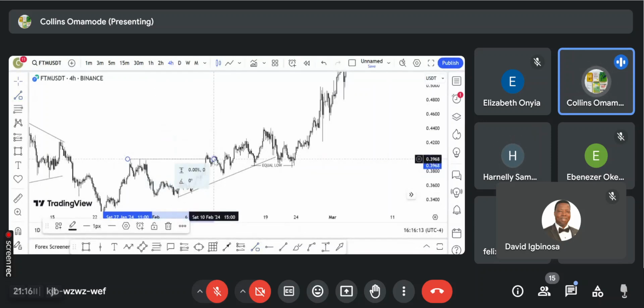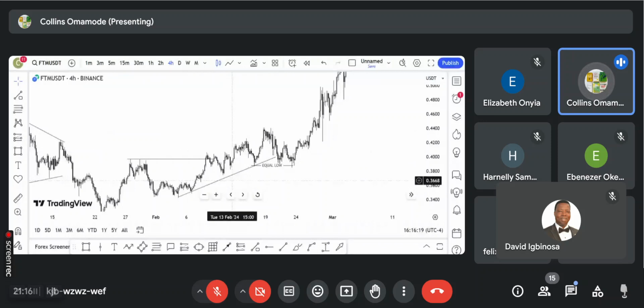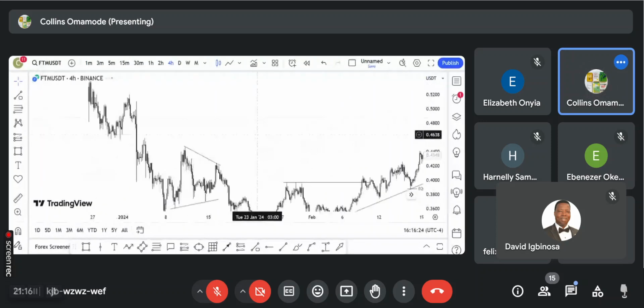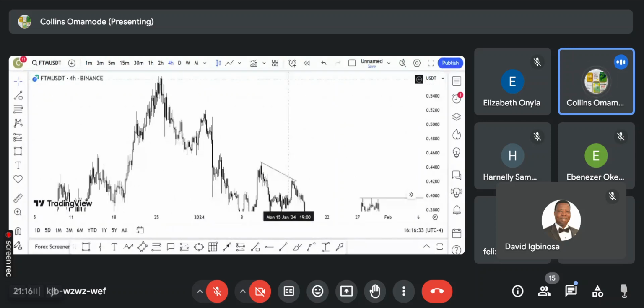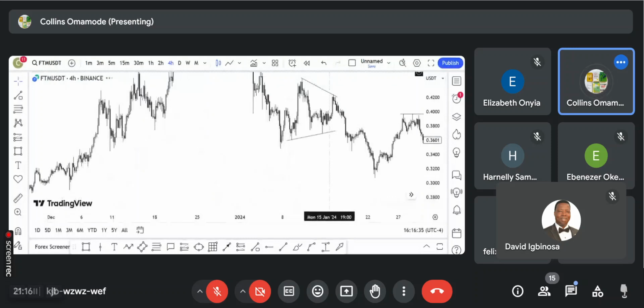And that equal high also fell as a structural liquidity. Price took it out, sold a little before going back up. So if you go to your chart, you identify it. Look at all this build up of liquidity, sweeping, pushed up, and the rest. So when you go to your chart, look out for those liquidity.